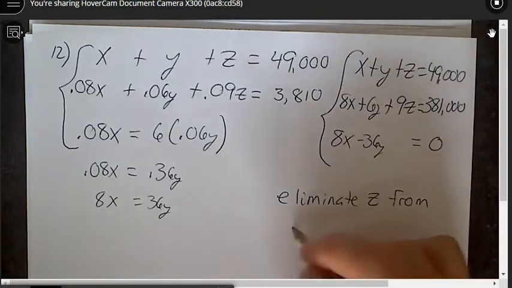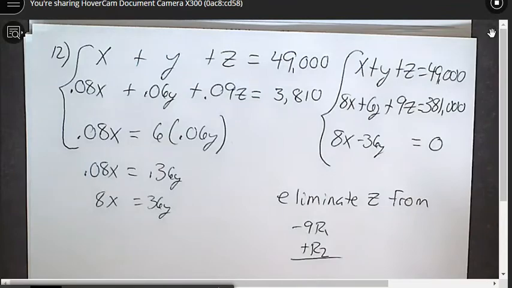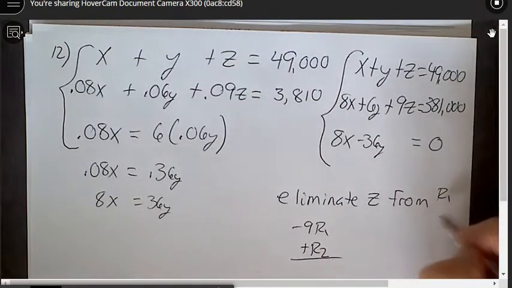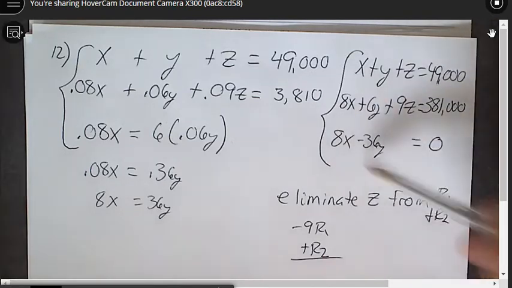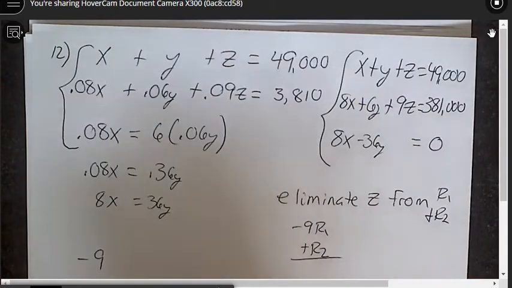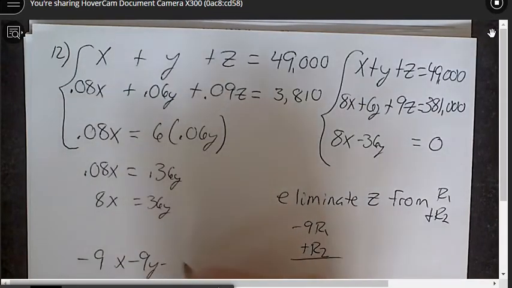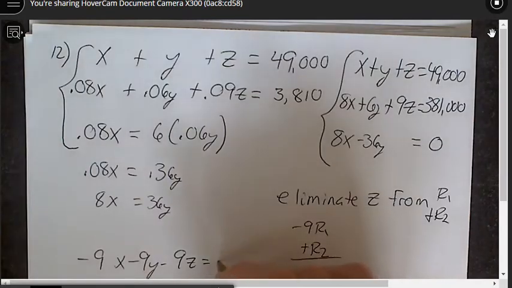To do that, we're just going to do negative 9 times row 1. So we're going to eliminate Z from row 1 and row 2 by doing negative 1 times 9 on this equation, adding that here, and that way now we've got a 2 by 2 system with just X's and Y's. Okay, so if we do that, that's negative 9X minus 9Y minus 9Z equals 49,000 times 9 is negative 441,000.